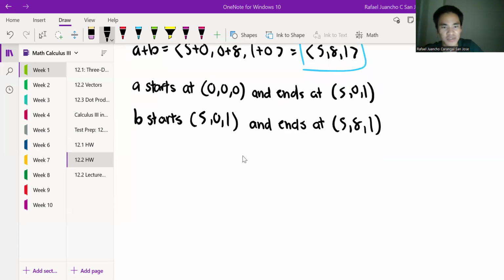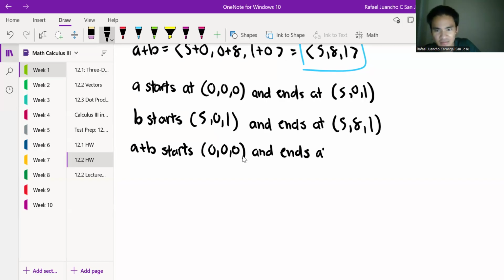And so A plus B starts at this origin. Yeah, and ends at the same spot where B ended. Also ends at 5, 8, 1.